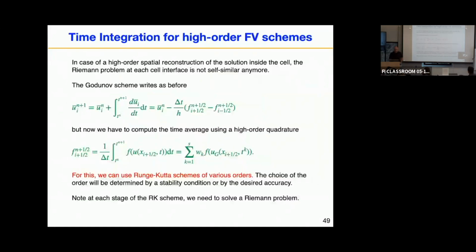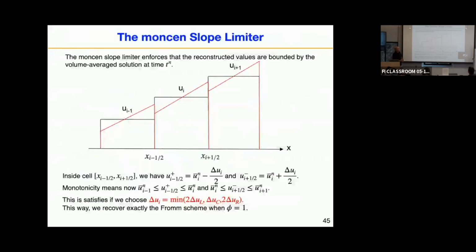Okay, so time integration. As I said, when you move to high order, you have to change the way you perform the time integration. The problem is that now your solution is piecewise linear.